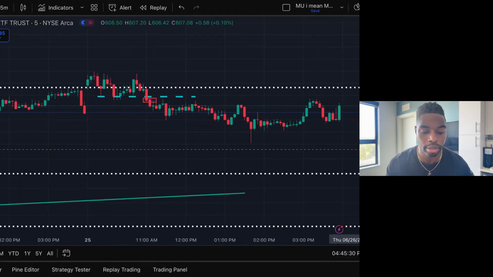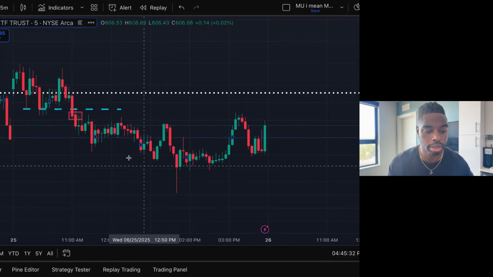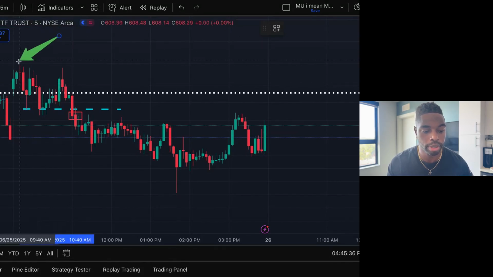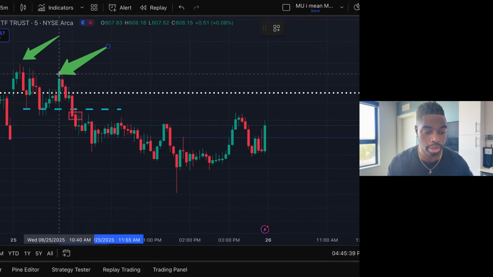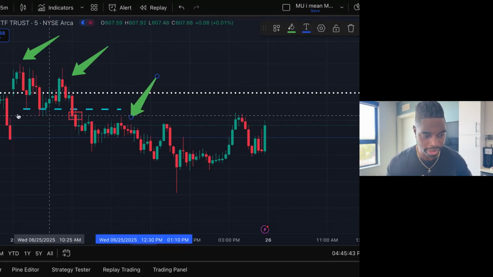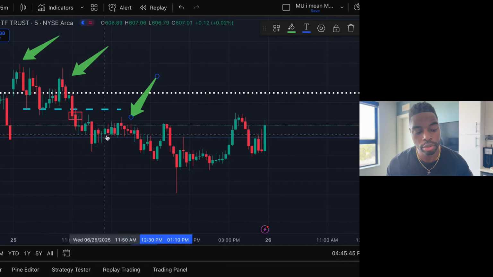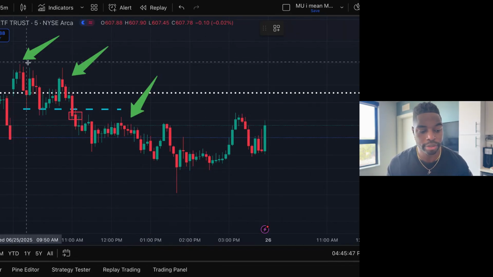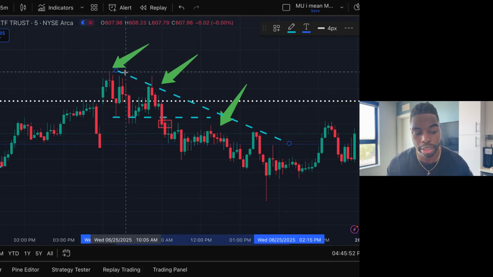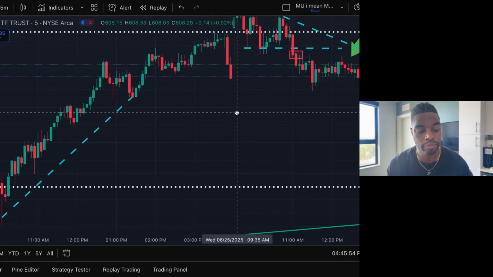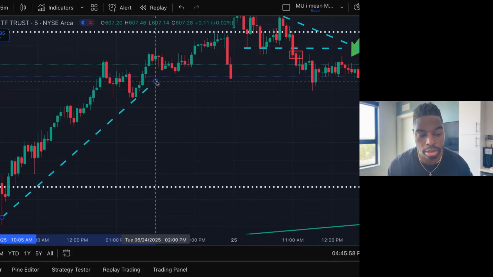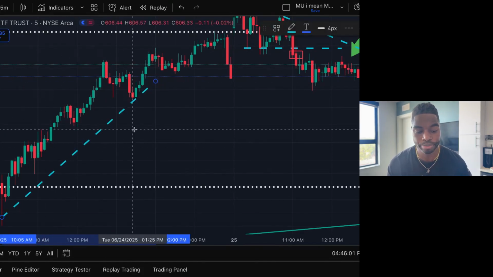A downtrend is just the opposite: we're getting lower highs and lower lows, so we're going down. When you're drawing trend lines, for down trend lines you start from the top and go down, and for up trend lines you draw from at least 2 points that are lows, so you start from the bottom.